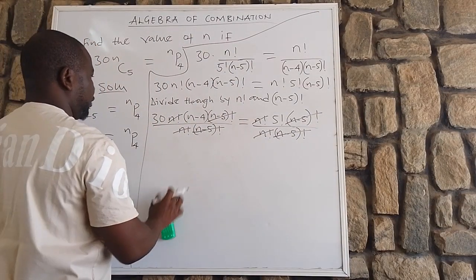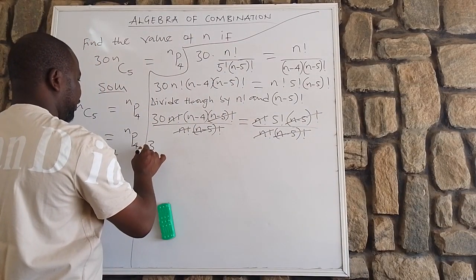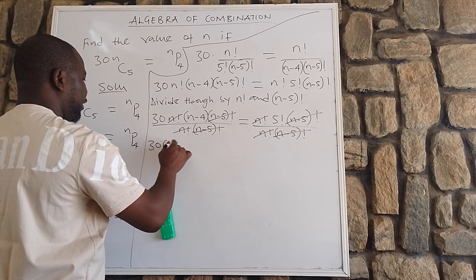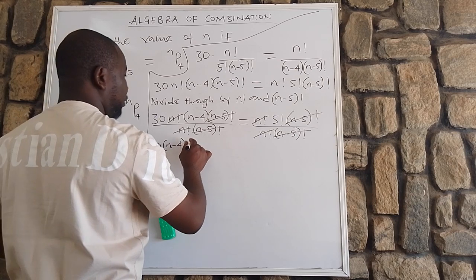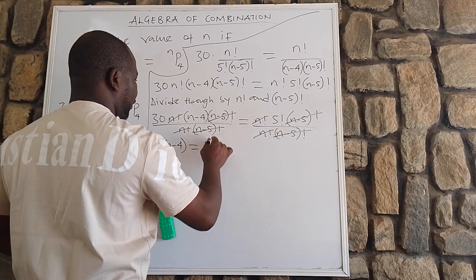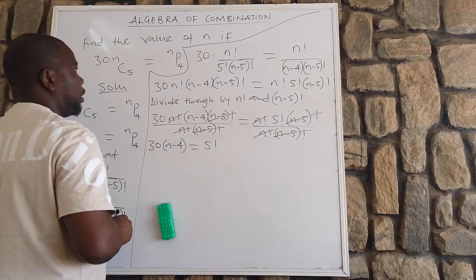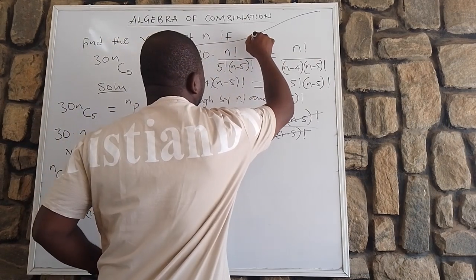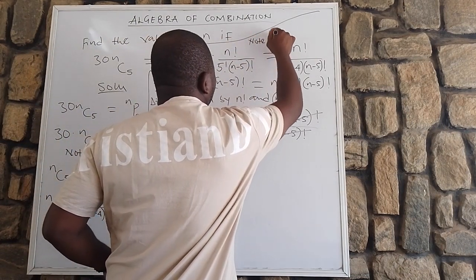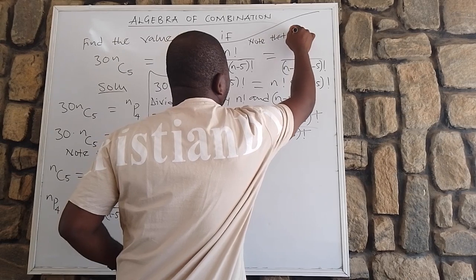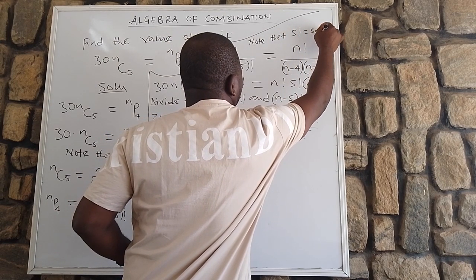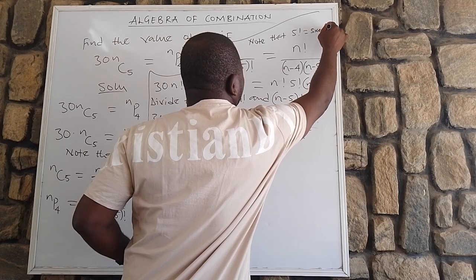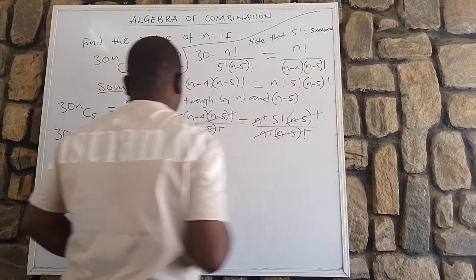So if you agree with me, here is 30 open bracket n minus 4 close bracket equals what? 5 factorial, true or false? But note that 5 factorial is equal to 5 times 4 times 3 times 2 times 1, isn't it?